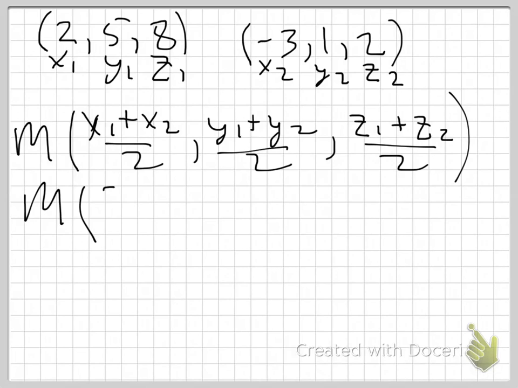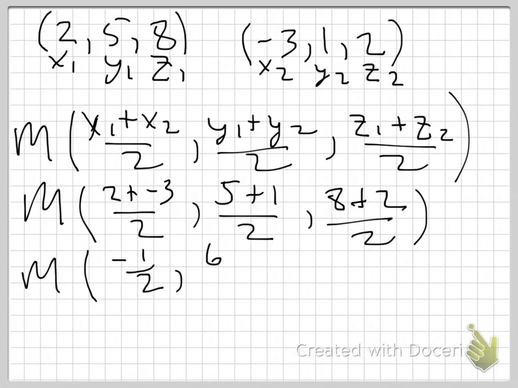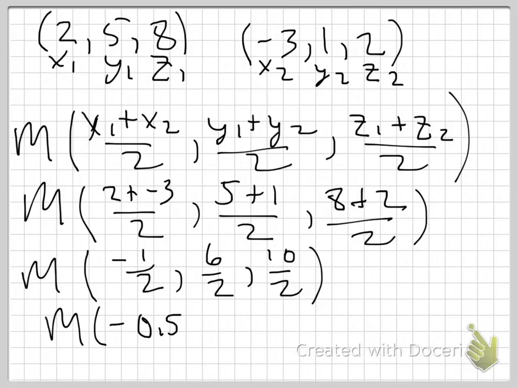So our x's are 2 plus -3 over 2, our y's are 5 plus 1 over 2, and our z's are 8 plus 2 over 2, and the midpoint is -1 over 2, 6 over 2, and 10 over 2, which is -0.5, 3, 5.